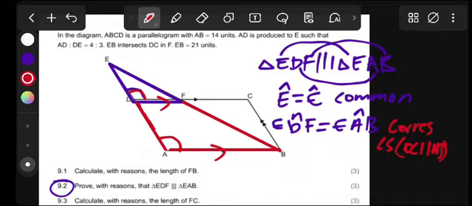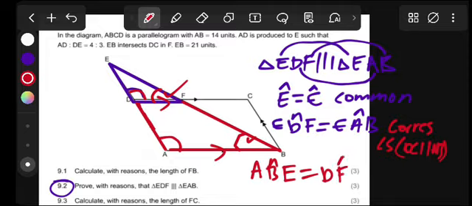Also, since these are parallel, all those angles, also these guys and that must be parallel. As you can see, there's an F shape. This guy and that guy must be parallel also. So I can say angle ABF must be equal to angle DFA.